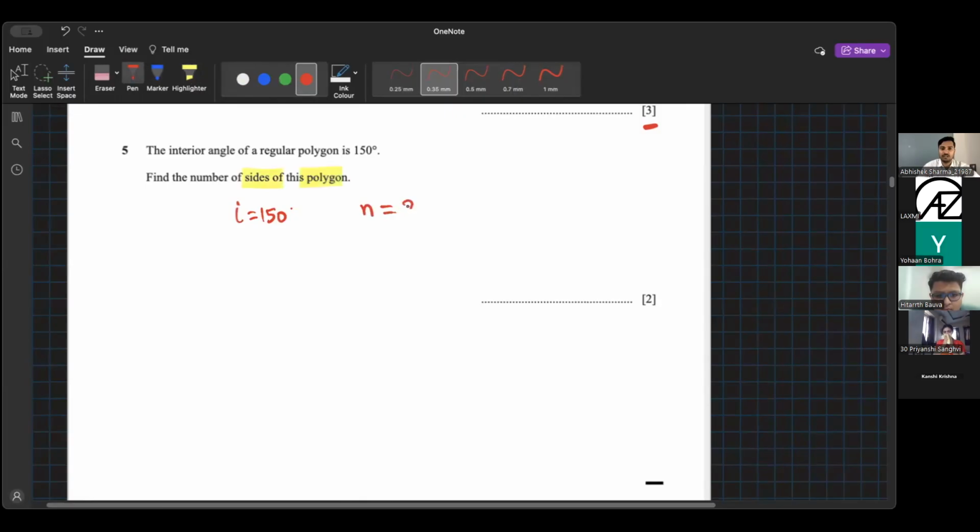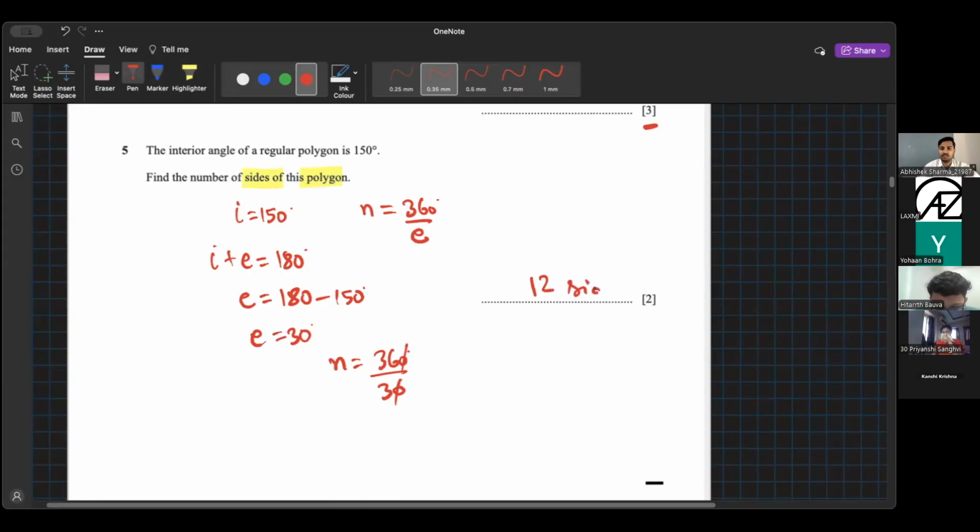There is a formula: n equals 360 degrees upon E. So first we have to figure out the value of E. I plus E is 180, so E will be 180 minus 150, which is 30 degrees. Hence, n will be 360 degrees upon 30 degrees. That is going to be 12 sides. Clear?